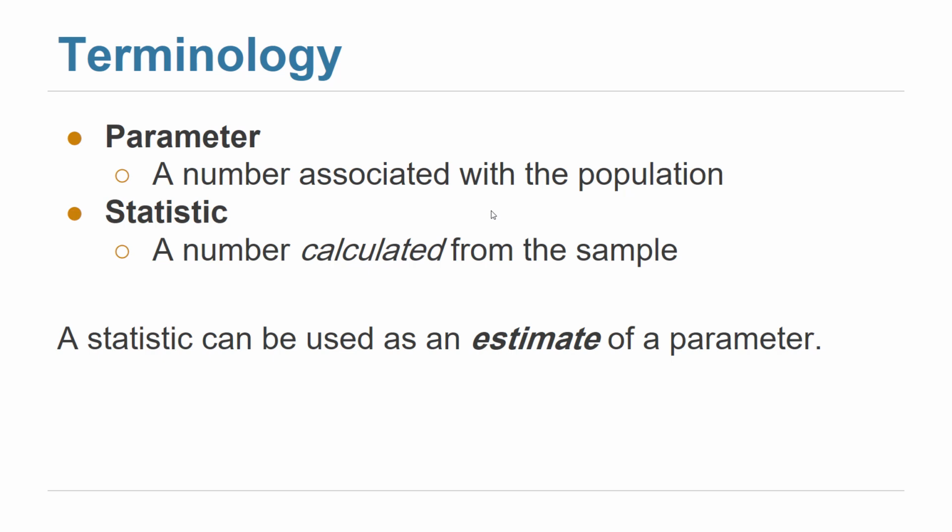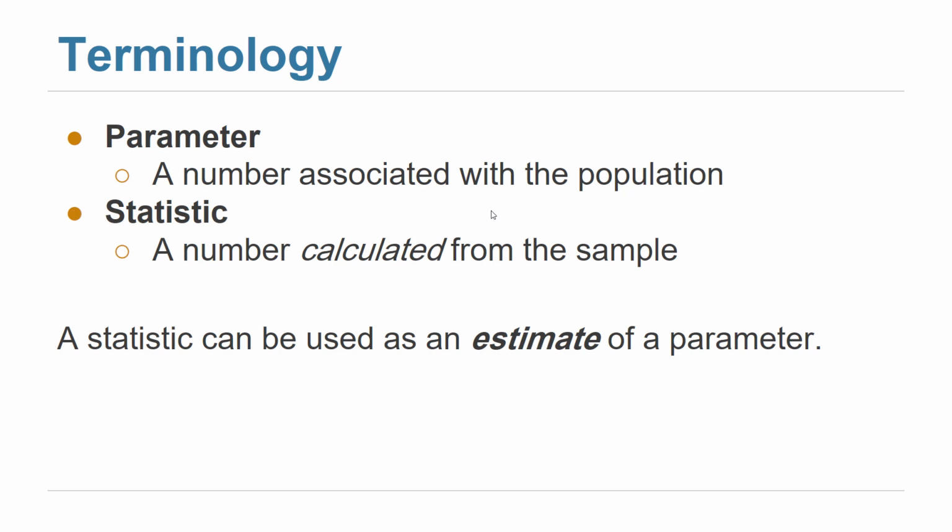Now I can get a sample from you, and from that sample I can compute the average GPA of that sample. The value that I compute is called a statistic, and that statistic is an estimate of the actual value of the parameter. So you see the difference between a parameter and a statistic.